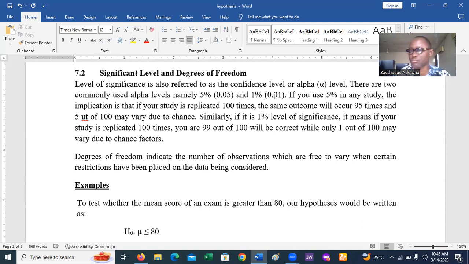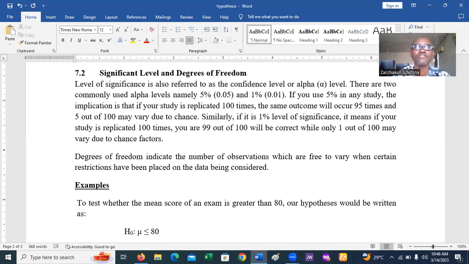Now, in research, the commonly used value is the 5% value. For standard research, unless otherwise stated, 5% is the usual significance level that we employ. When you use 5% in any study, the implication is that if this study is replicated 100 times, the results that you are going to get will be valid at least 95% of the times, and only 5% out of 100 may vary due to some chance in the research.